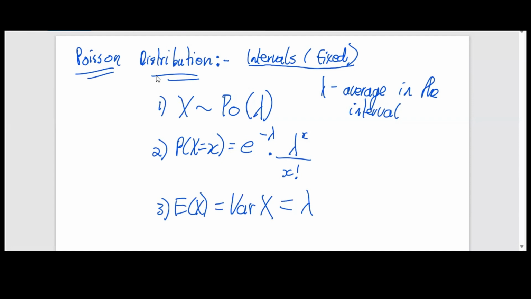So we have the random variable, the probability function, and some extra stuff just in case they ask you. The golden thing we're looking for is the interval. Once they give you the interval, most of the time it gives you the average, lambda.